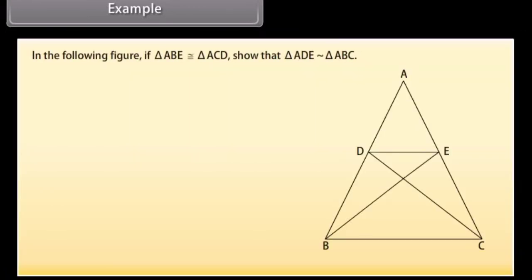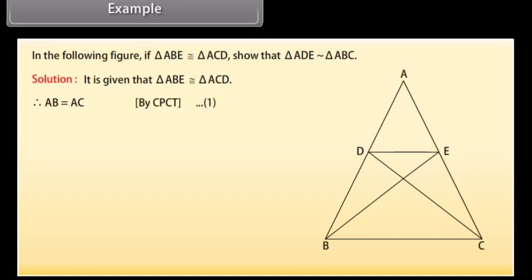In the following figure, if triangle ABE is congruent to triangle ACD, show that triangle ADE is similar to triangle ABC. Solution. It is given that triangle ABE is congruent to triangle ACD. Therefore, AB equals AC by CPCT, mark it as 1, and AD equals AE by CPCT, mark it as 2.